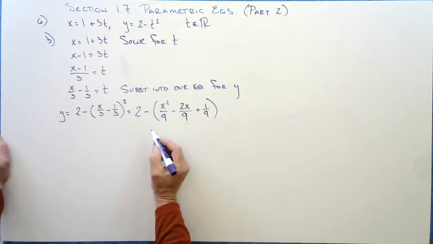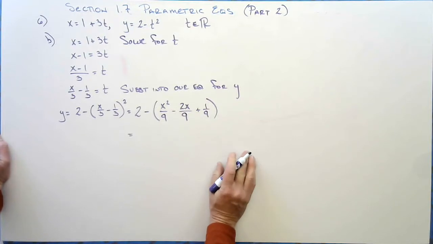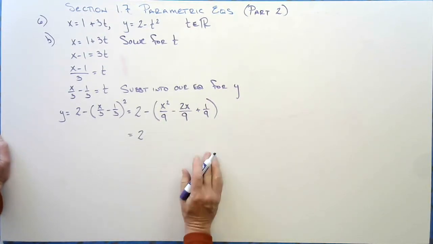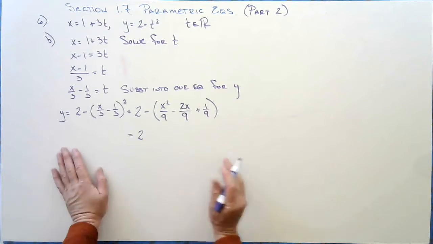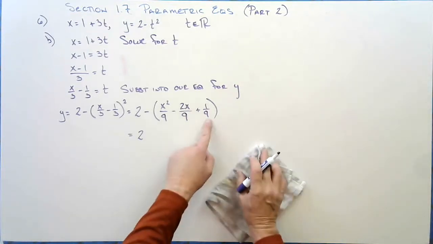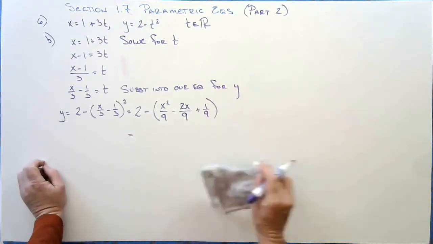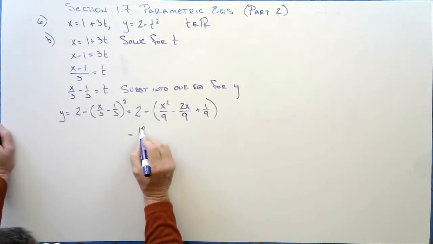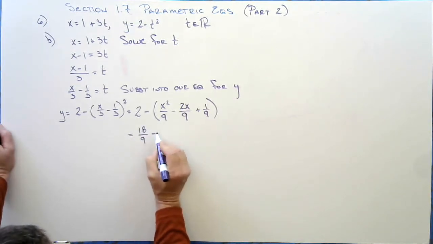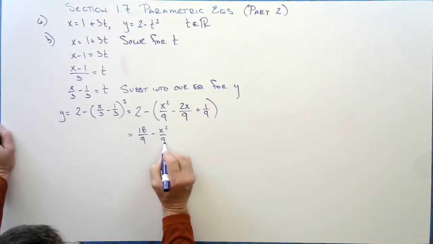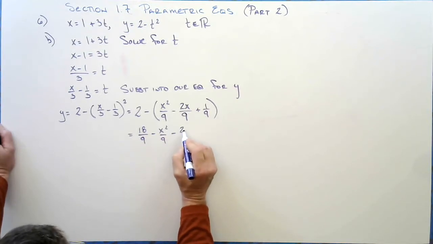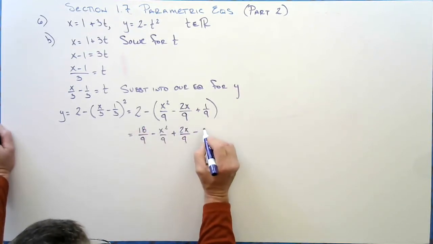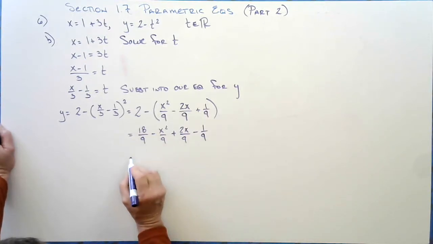Now, if we clean this up, we got to put that 2 in this -1/9 together. So 2 is 18/9, right? 18/9 minus x squared over 9, minus a minus makes that plus 2x over 9, and then minus 1/9 here. And so what do we end up with?